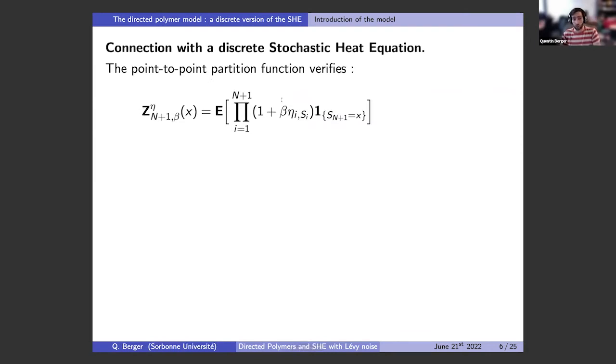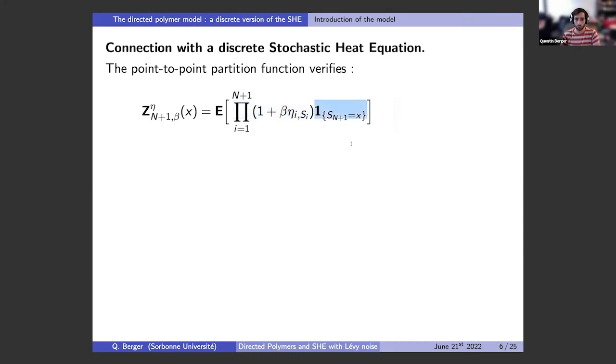Okay, so here what you want to look at is how these partition functions evolve as a function of n, the length of the polymer, and as I said before, you can think about n as time. I just rewrote the point-to-point partition function, except you go up to a length n+1. This is the Gibbs weight of a trajectory.